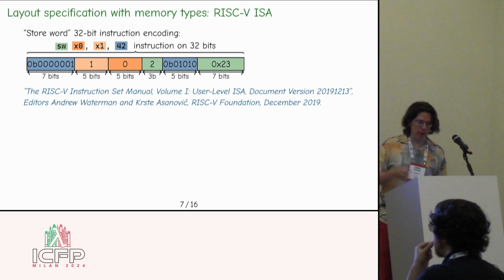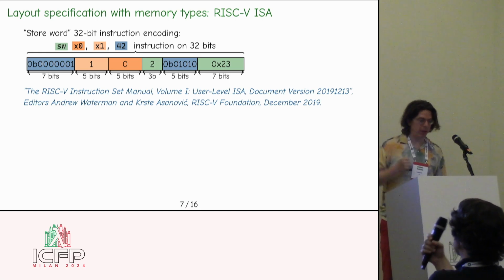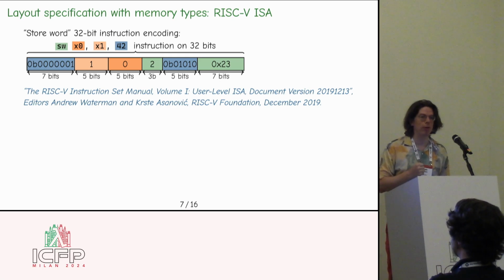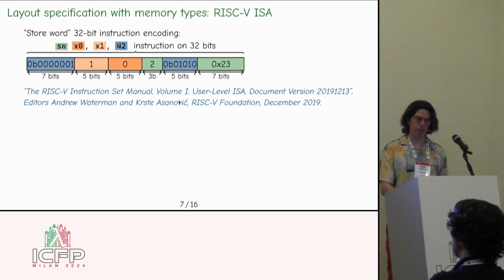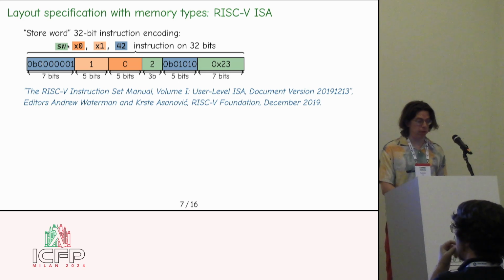Let's look for a moment at the RISC-V instruction set assembly. Here is a representation of the store word instruction, and in the assembly it has 3 parameters, x0, x1, 42. So it's the address of the word, the address of the content, and the offset.